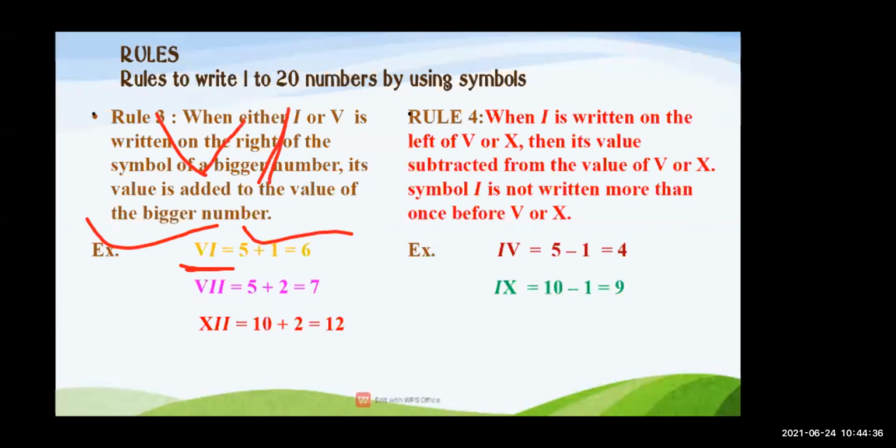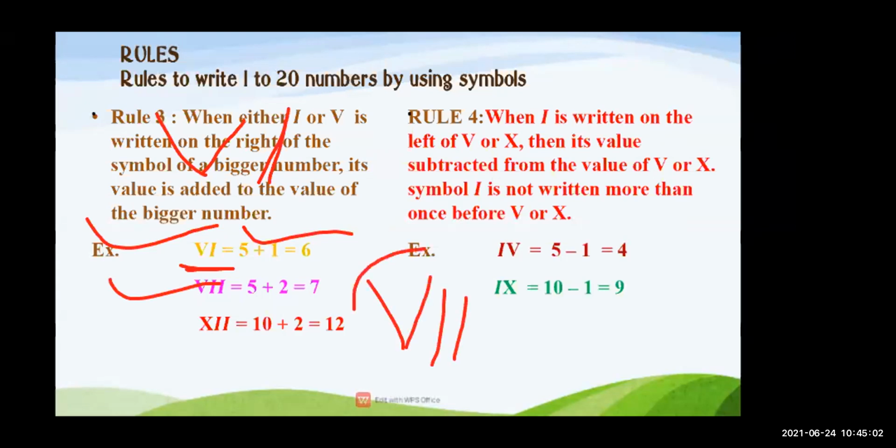So in this rule, what you have to remember is that I should be written on the right side of the bigger number. When we write it on the right side, what happens to its value? It is added, it increases. Is it clear? Now we can see the second example. It is written VII.